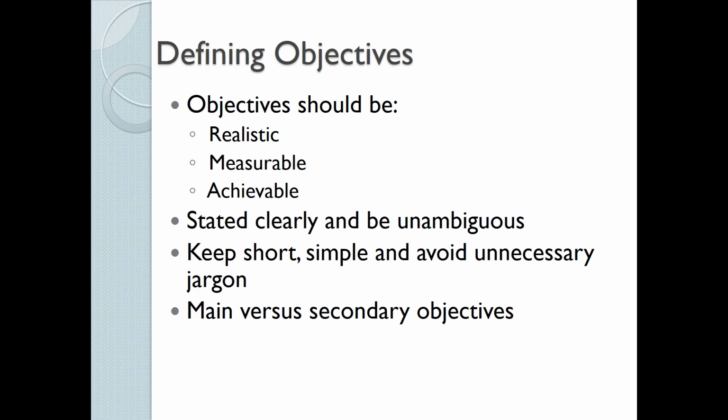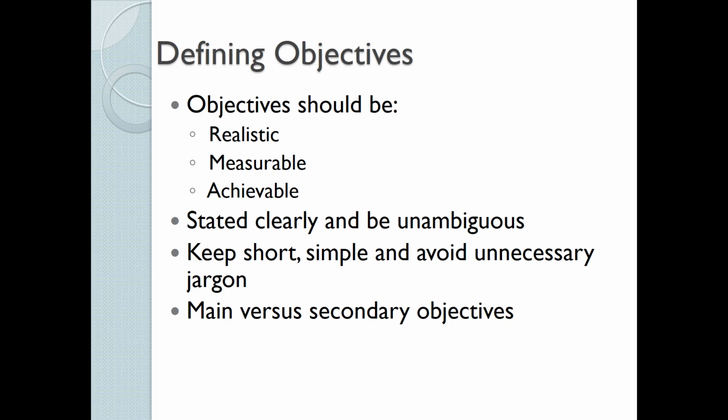An objective is going to be very clearly stated and unambiguous, usually short and simple, without a lot of unnecessary jargon, especially jargon related to a certain discipline, which we have to be careful of in agriculture. Objectives are also pretty robust.